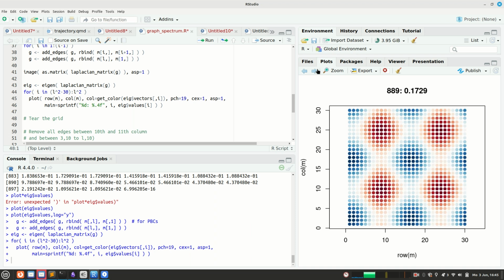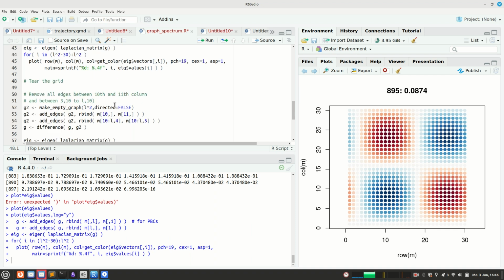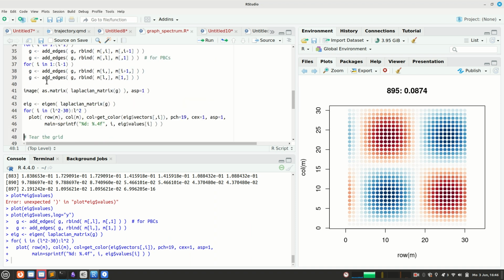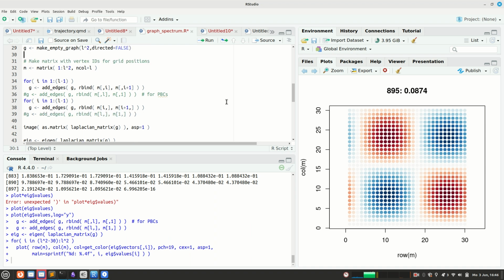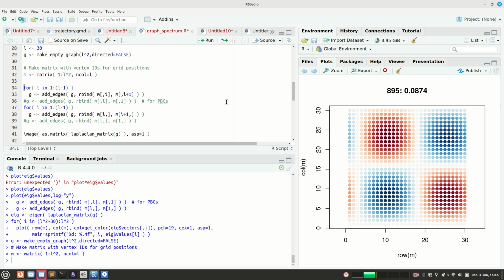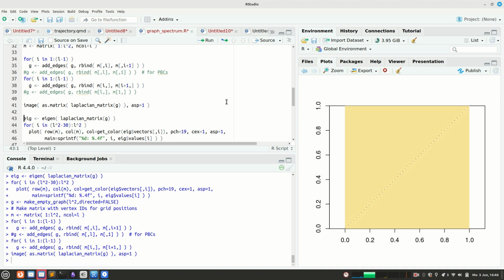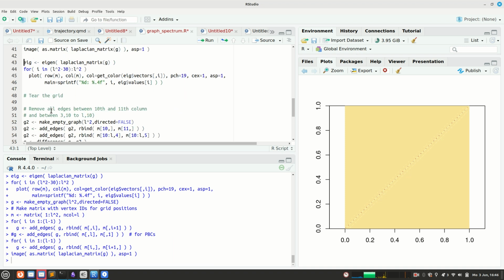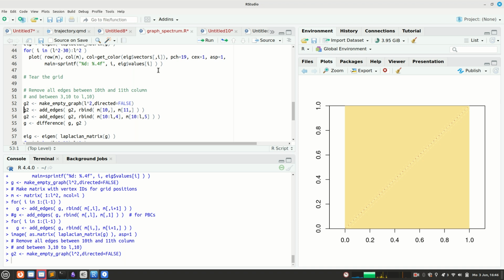So, what do we do with this now? The next thing I want to do is to tear this grid. I go back here to my thing, maybe let's put the periodic boundary conditions out again. Make the empty graph a matrix. And now I make a second graph in which I put the edges I want to remove, because iGraph has this graph difference function.